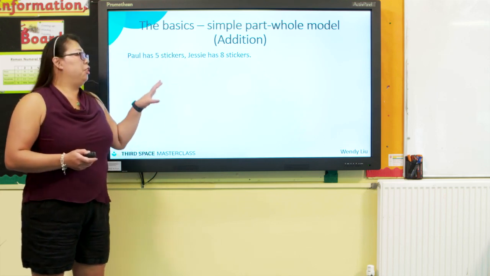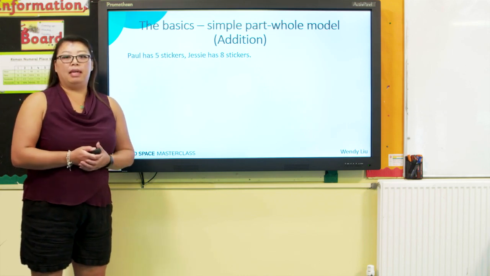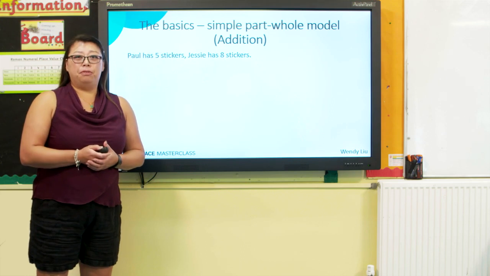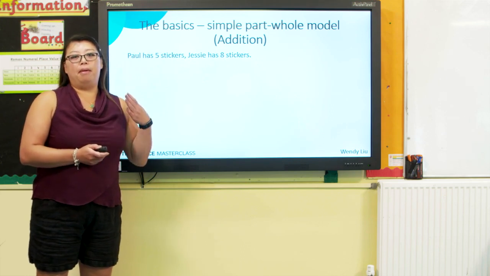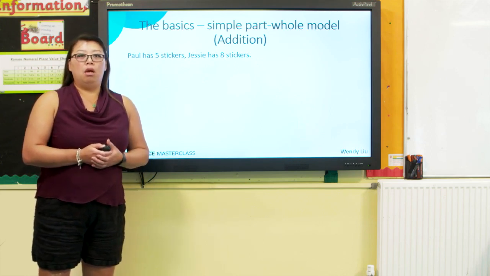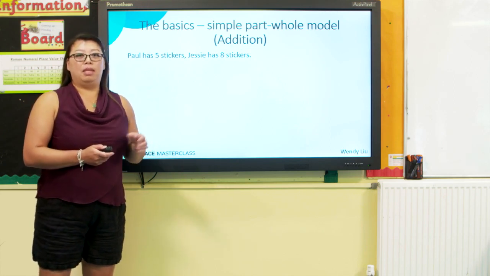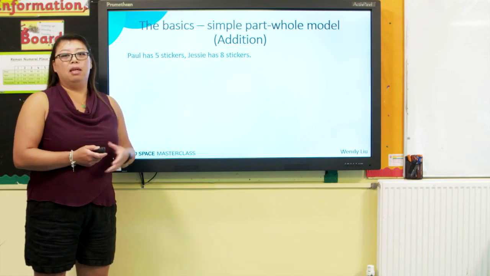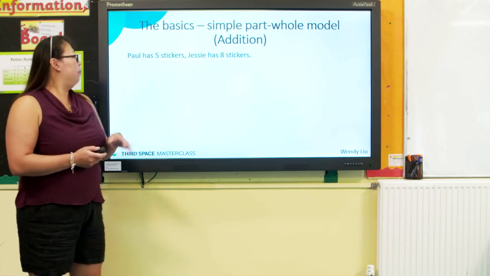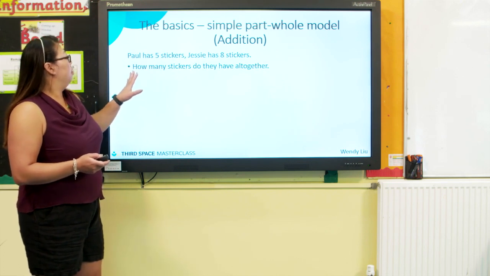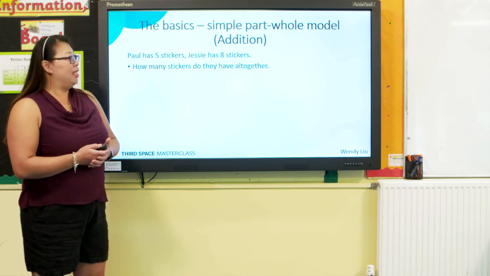Well, if we introduce the concept of bar modelling at a really early stage, it becomes really natural for children to take on board. So when they eventually come to work out harder problems, it becomes second nature to them that they can use bar modelling to help them solve that problem. So in really simplistic form, you've got Paul has 5 stickers, Jessie has 8 stickers.